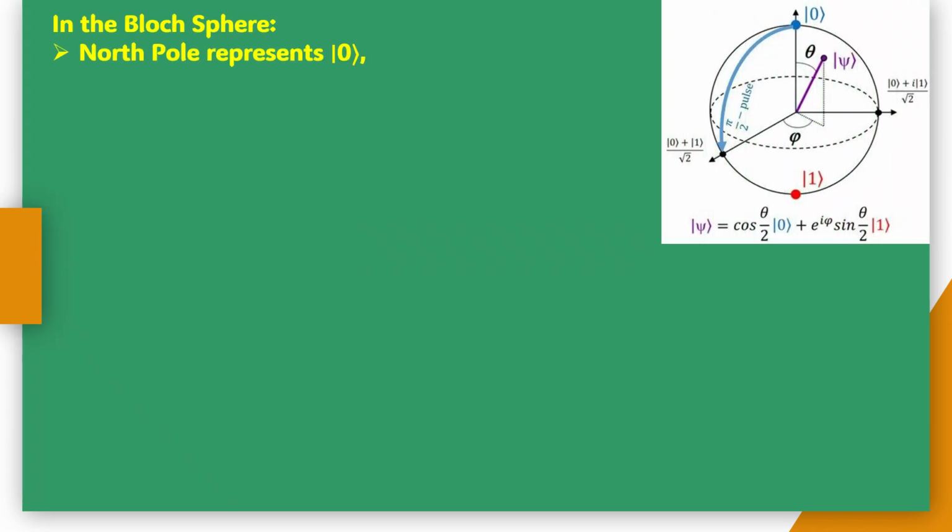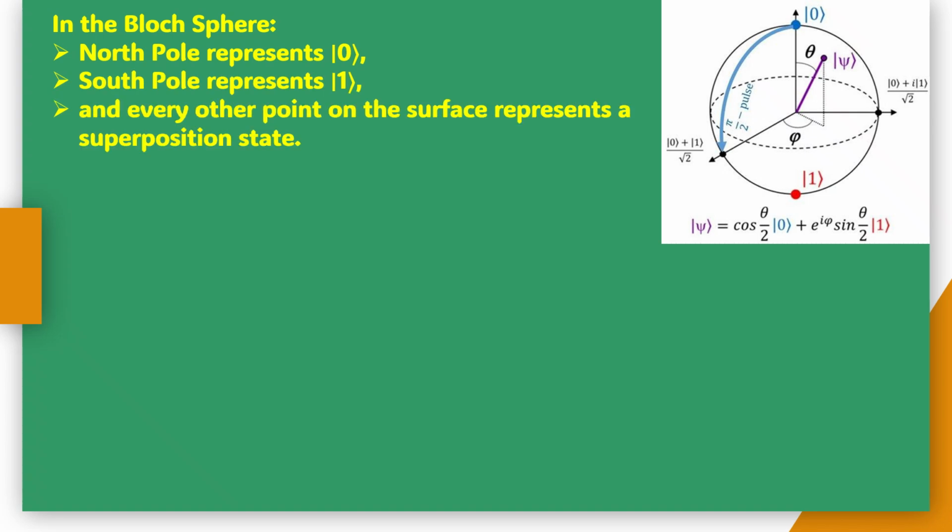If you want to understand the complete representation, Bloch proposed a model: psi equals cos theta by 2 times state 0 plus e power i phi into sine theta by 2 times state 1. For example, in the Bloch sphere, the north pole represents the state 0 because theta is 0 here.